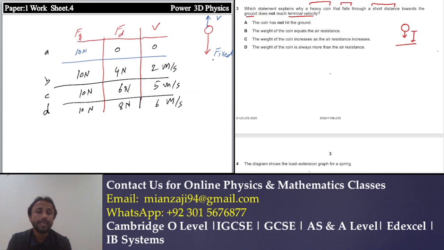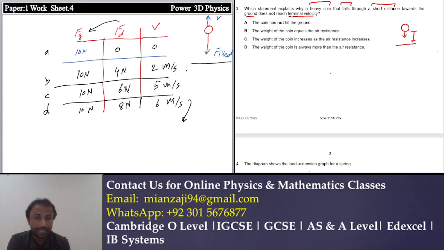How? It means this coin requires a velocity. This is a very important point that I am trying to explain here. It means this coin requires a velocity that makes this drag force equal to weight, and it means it is all about velocity.